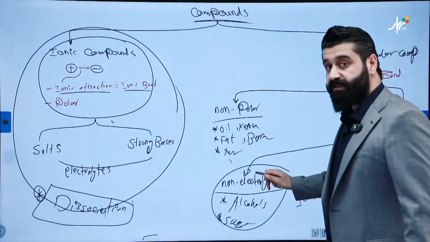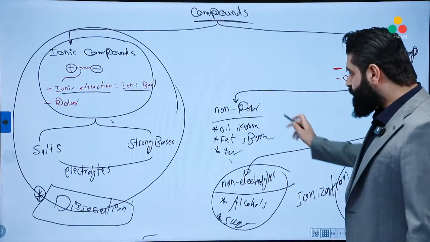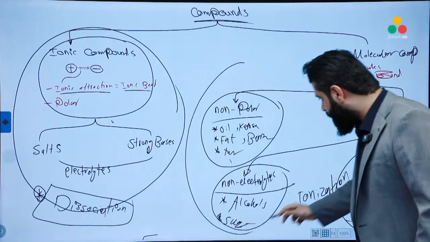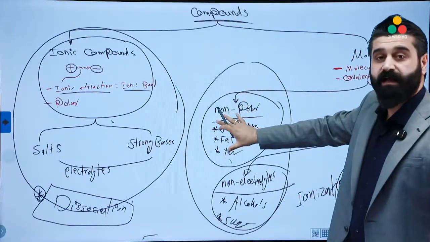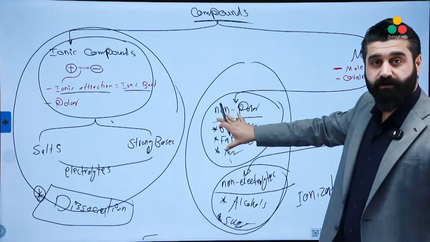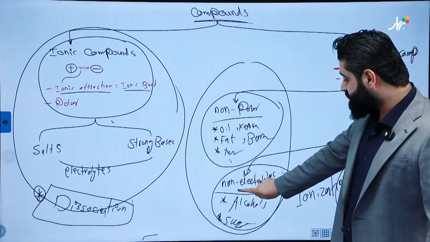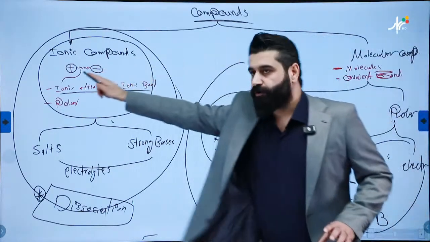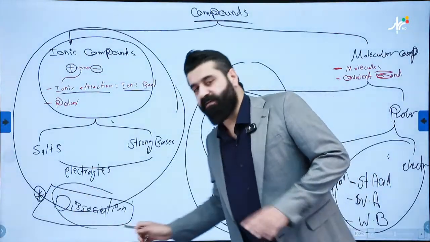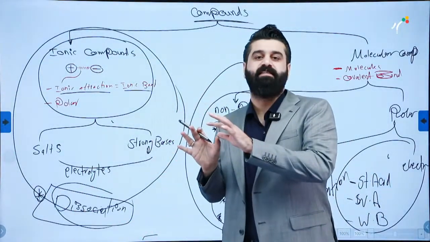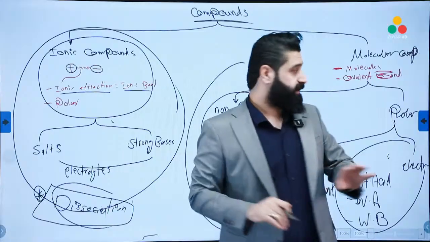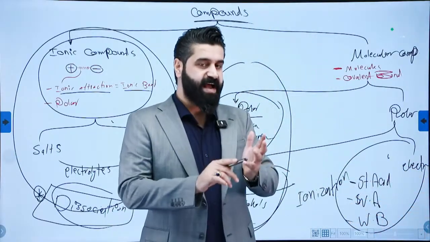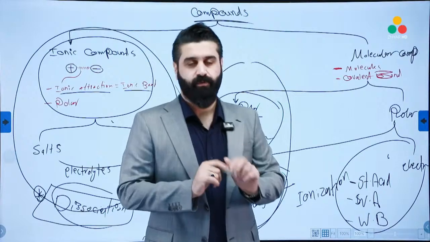They don't ionize. Okay, how about the non-polars? Non-polars are also non-electrolytes. So these classes are both non-electrolytes. They don't ionize. The difference is this is polar, this is non-polar. Ionic compounds, which are strong bases and salts, are dissociated in water. But molecular electrolytes, which are acids and weak bases, are ionized in water.